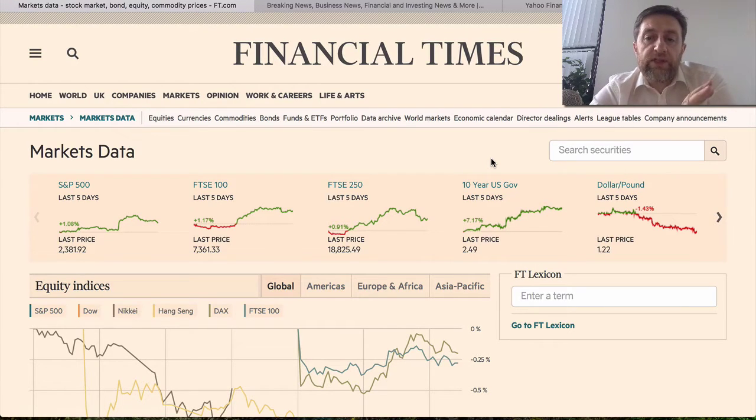When you look at the ft.com website, there are a number of different sections linking to different parts of the markets. As you see here, we have equities, currencies, commodities, bonds, funds, and there's also the Data Archive, where you can get historical data, which is important if you're doing some historical research.